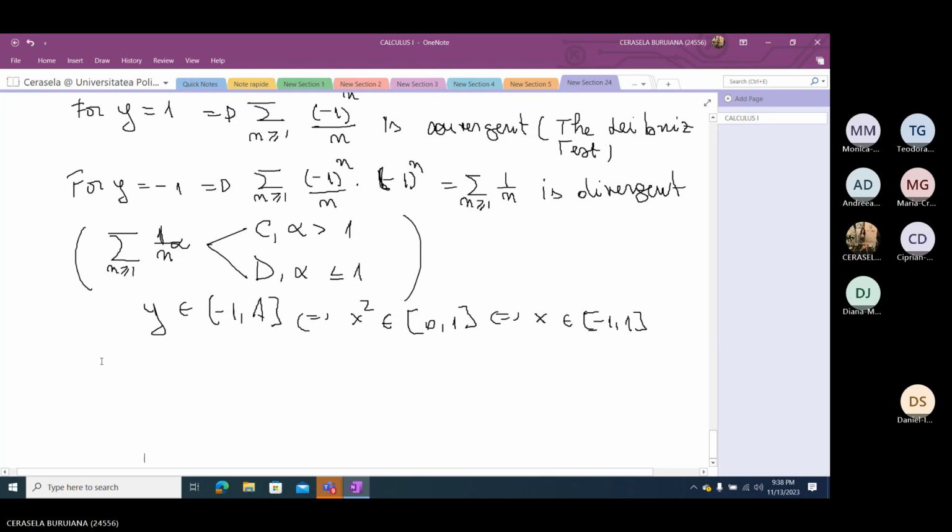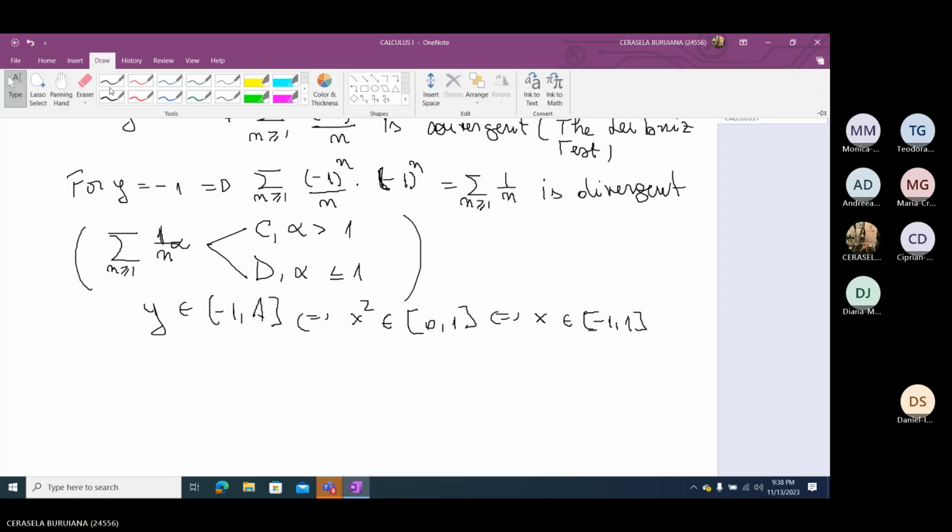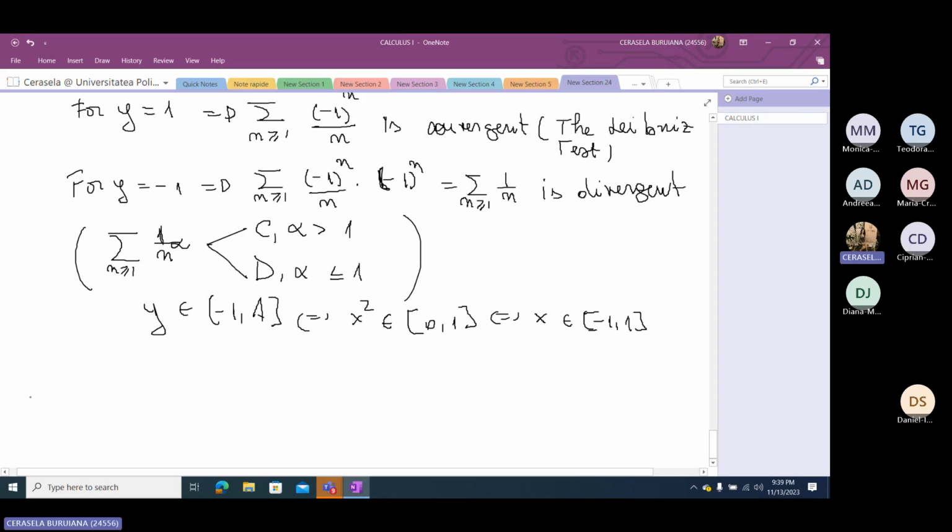Now let's do the second request of the exercise, to compute the sum. What do I do? Well, I taught you at the seminar to denote its sum by something. But here in this exercise, I think it will be easier to take the change of variables we already did, y be x squared.